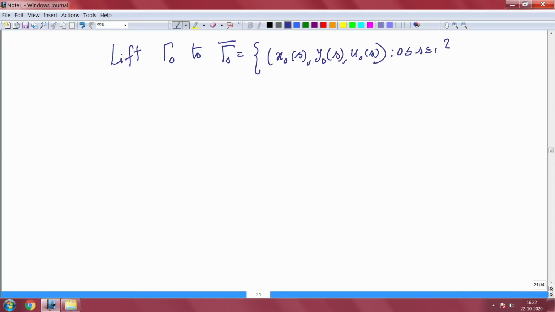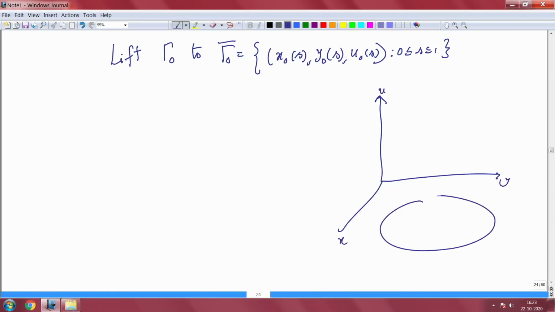What did I do? Basically, you have your x here, y here, and your u here. So you have your domain here, and you have your gamma naught here. On gamma naught, I will get a space curve gamma naught bar, because I do not know how to find my characteristics here.